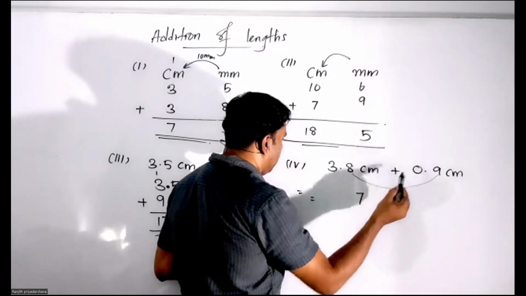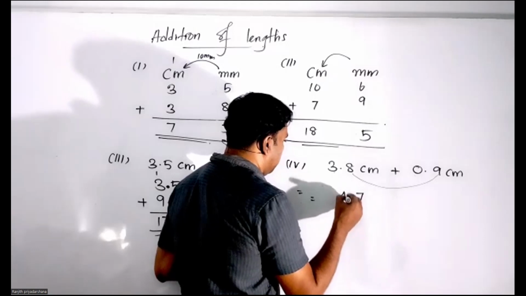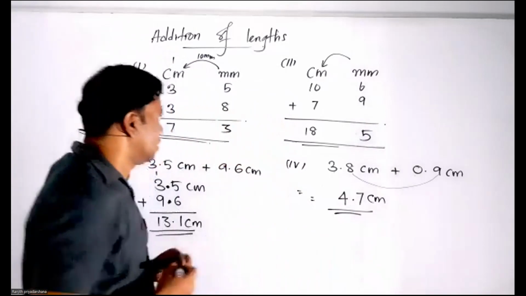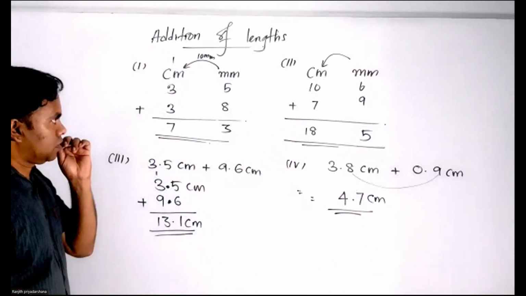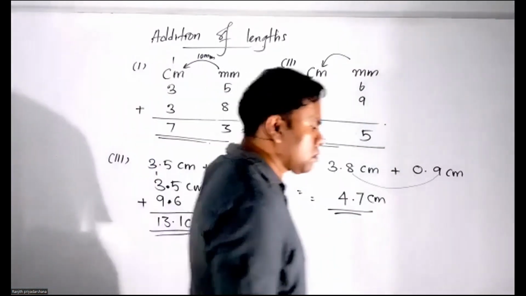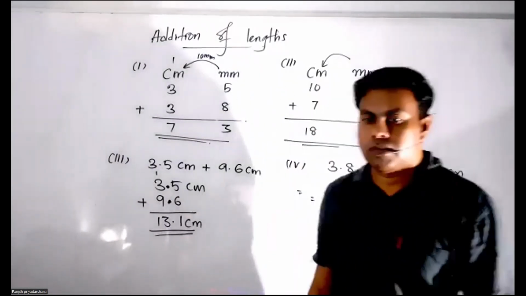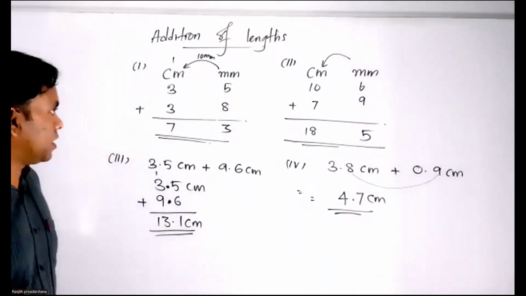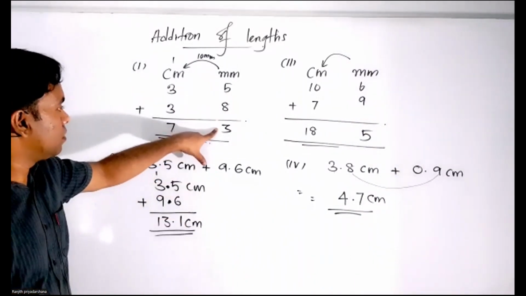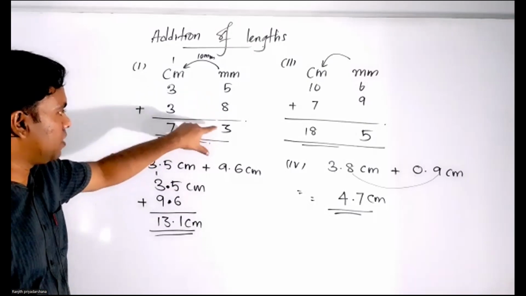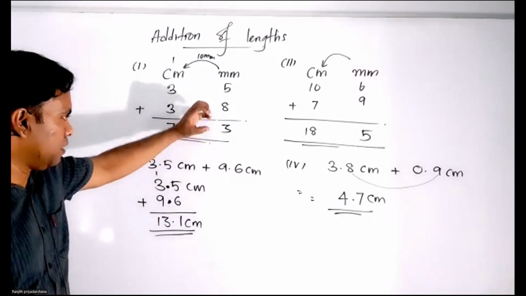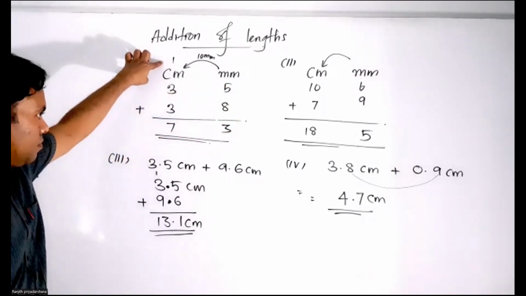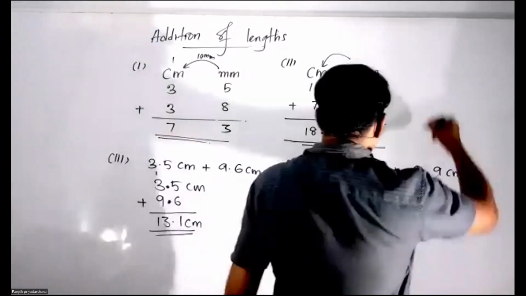With the 4, remainder 1, 4.7. 4.7 centimeters. There's nothing new to get here except the remainder. The maximum value you can put here is 9, because when it becomes 10 millimeters, it equals a centimeter, then you have to get that here. Right? I'll give you the last example.